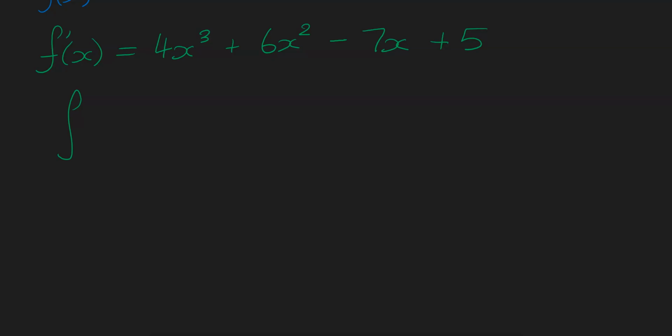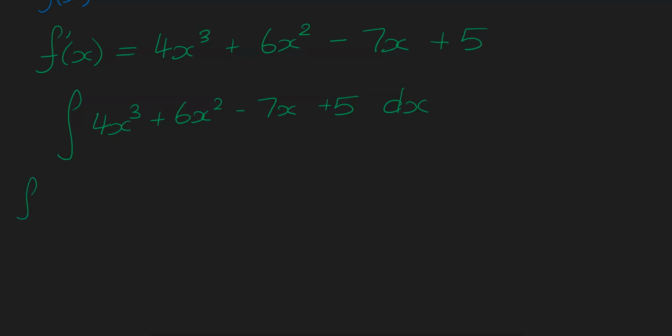So we put our elongated s over there, and we put our function 4x cubed plus 6x squared minus 7x plus 5 and our dx. Again, we're saying we're integrating this function with respect to x.